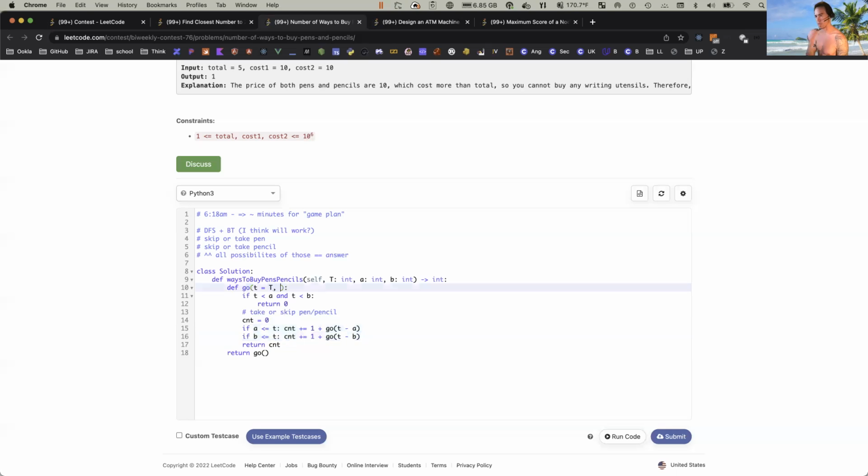Take first or take second first. First equals true. With first and first is not true. First is false. We'll try to take B first, always.